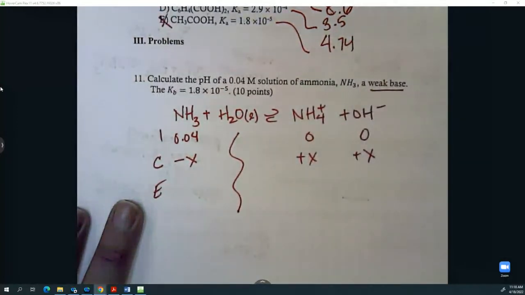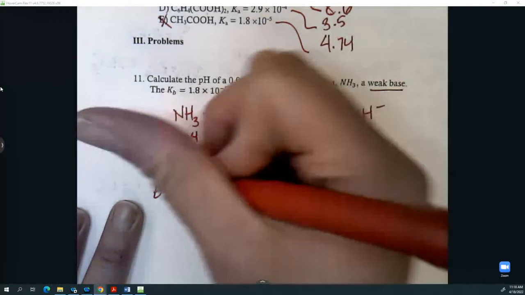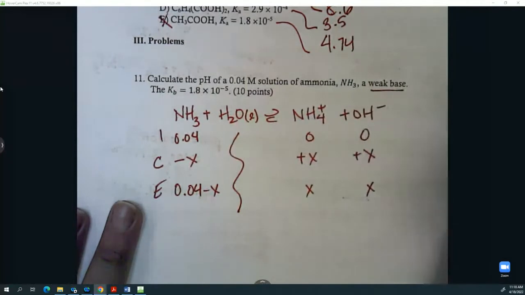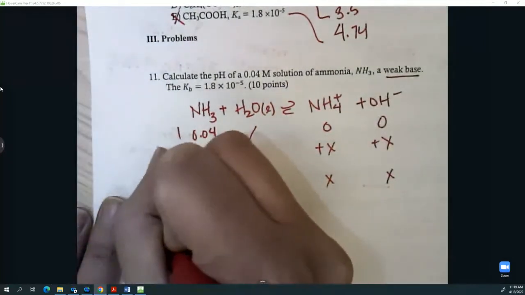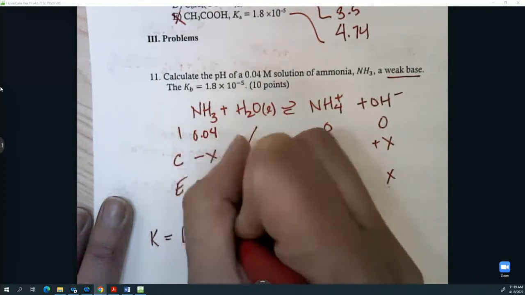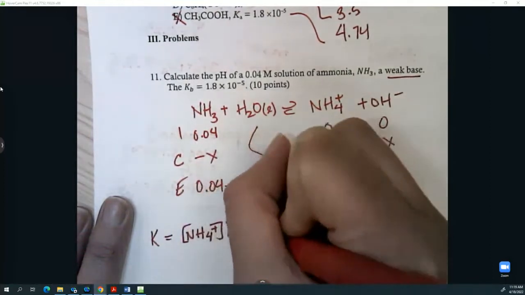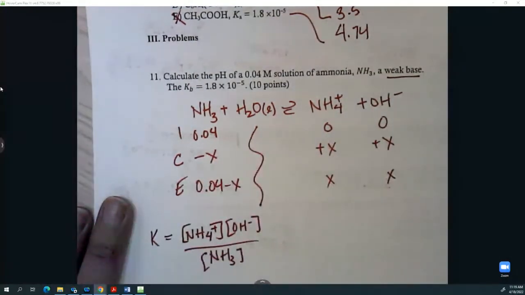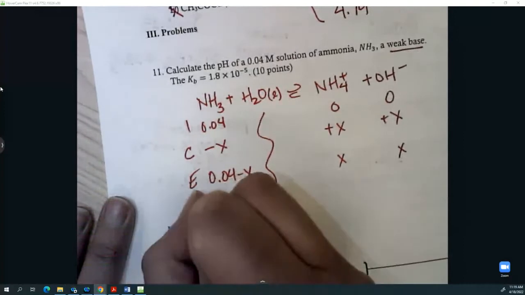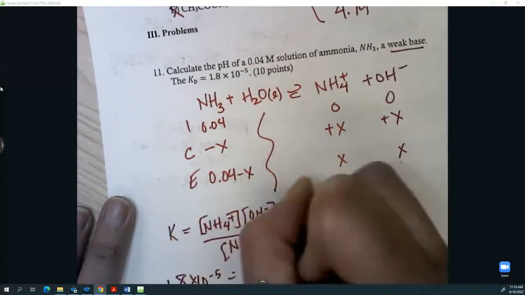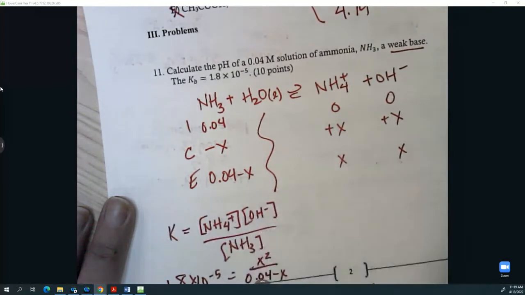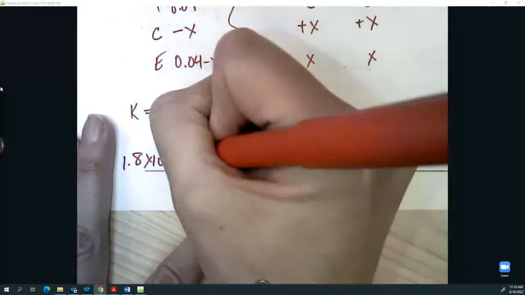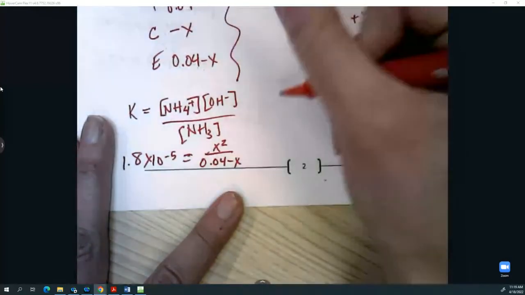For my change line, minus X and plus X. And I get to here. For my K, products over reactants, but I do leave off the water because it's a liquid. So 1.8 times 10 to the minus 5 equals X squared over 0.04 minus X. This is where I have to assume X is small.